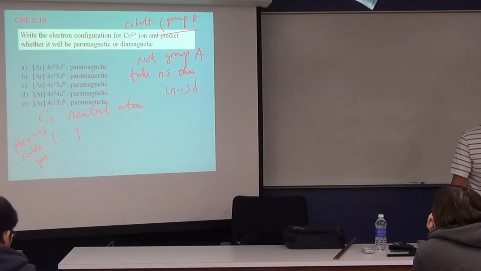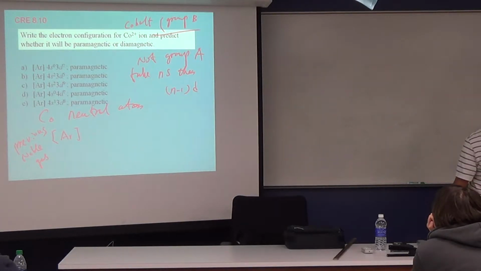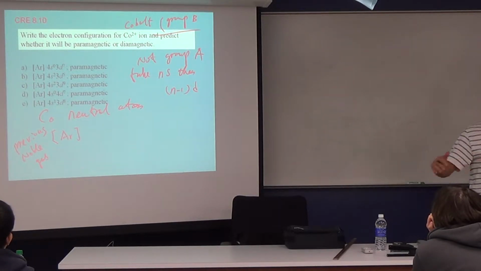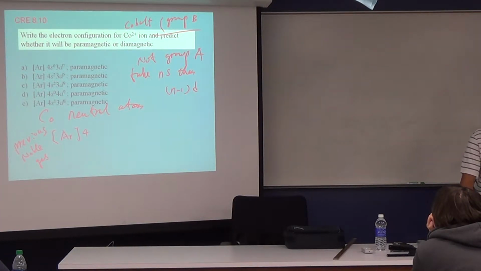It is argon. Okay? So we write argon first. What period is argon in? Number 3. Okay? So once you finish argon, that means you already finished your 3rd period. You're going to start on the 4th period. So you use a new number, 4, for s. Always start a new period with s.